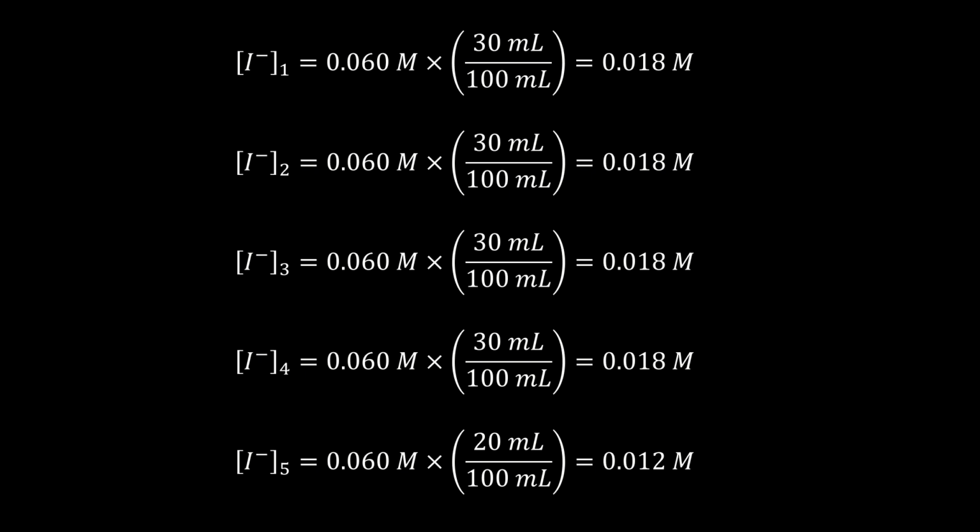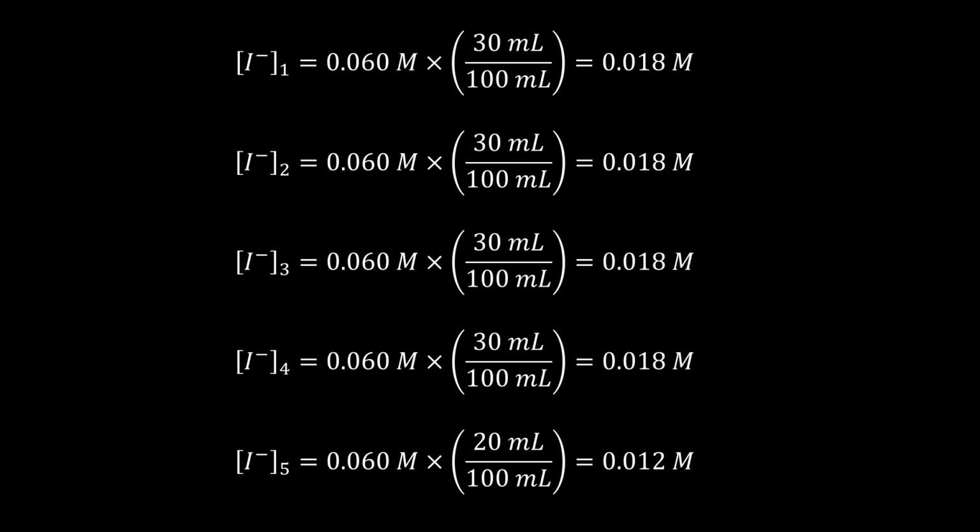Just like what we did for hydrogen peroxide, we can calculate the initial concentration of iodide anion by taking its initial concentration multiplied by the volume we're using, divided by the total volume of our mixture. So the starting iodide concentration in solution 1 would be 0.06 molar, or whatever your stock solution says, multiplied by 30 milliliters over 100 milliliters, which gets us an iodide anion initial concentration of 0.018 molar.